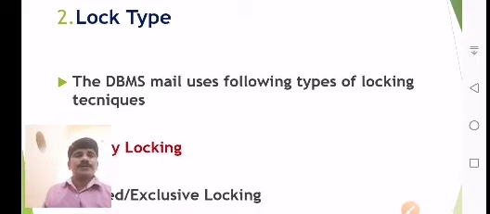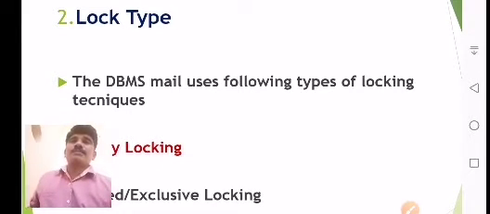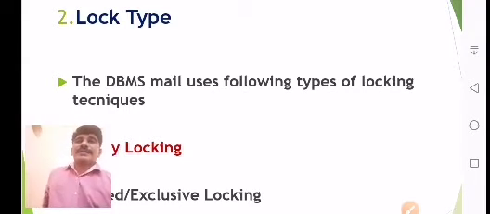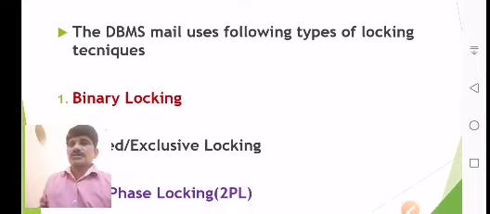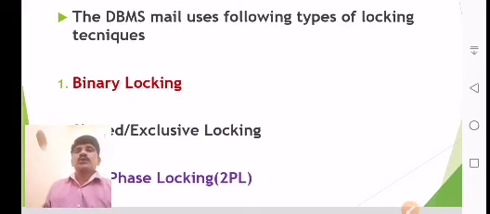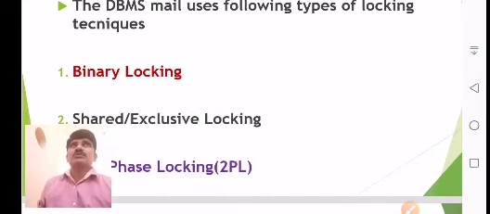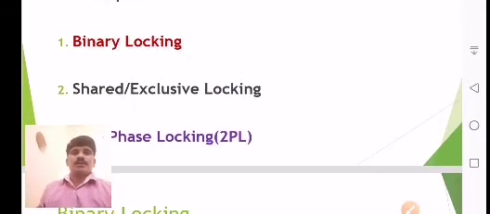The DBMS mainly uses the following types of locking techniques. Locking techniques can be divided into three types: one is binary lock, second is shared or exclusive lock, and third is the two-phase locking method, also called 2PL.